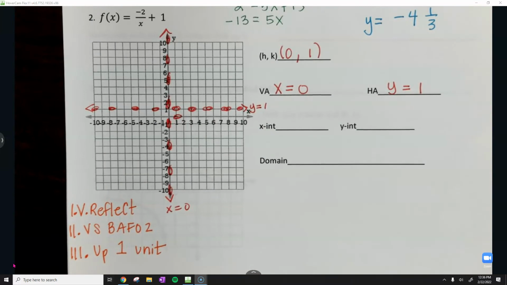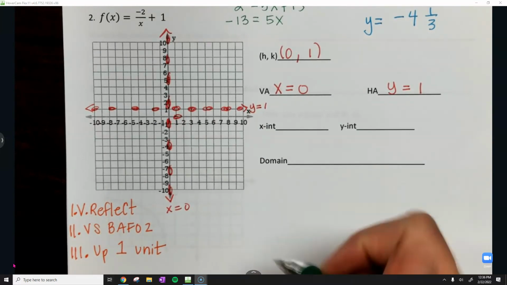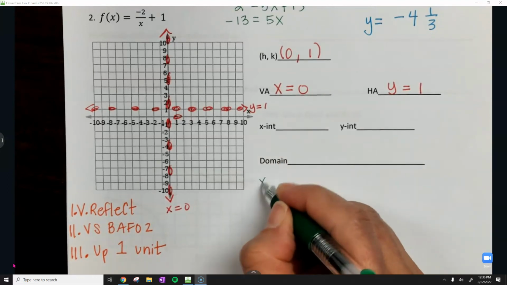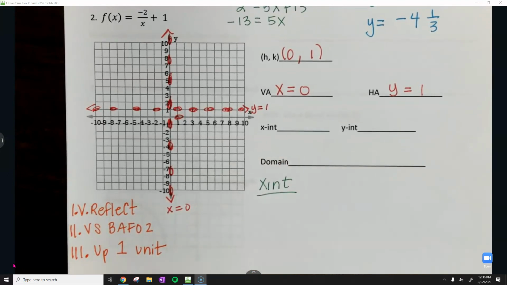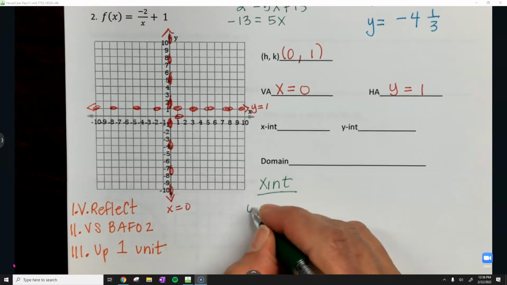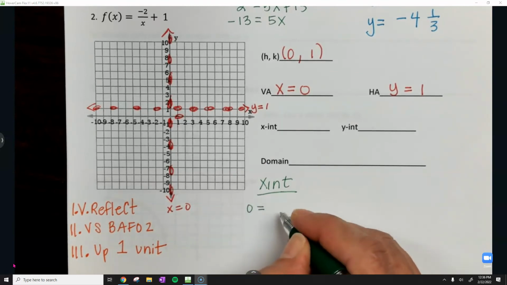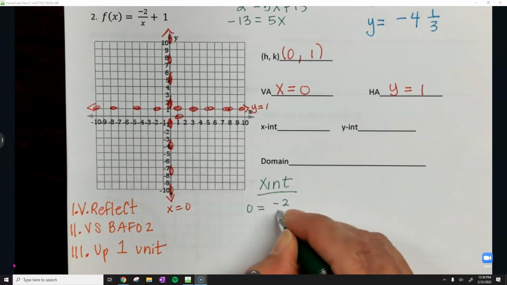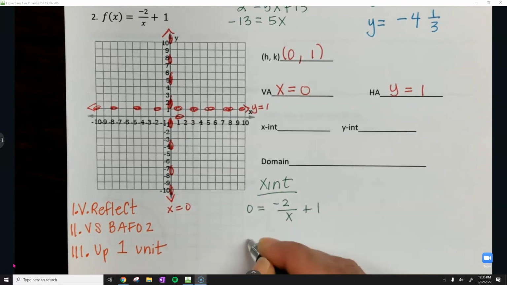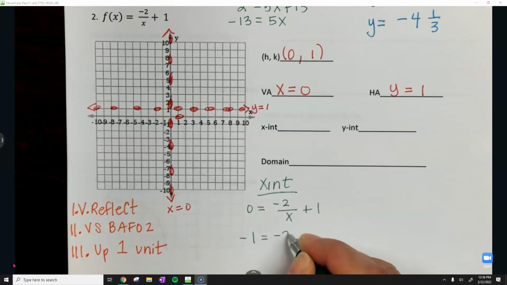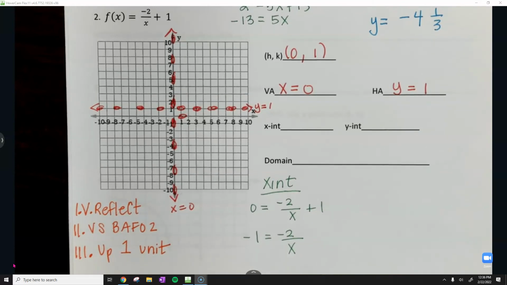All right. Next is the X-Intercept. So we're solving again. So the X-Intercept, again, I'll just write it below my domain blank. Remember, you start off with 0 on the left side of the equal sign. Go ahead and move that whole number over and then change it to a fraction.